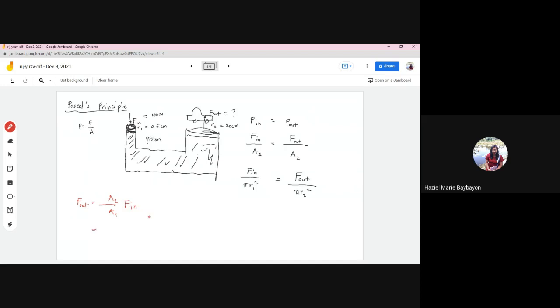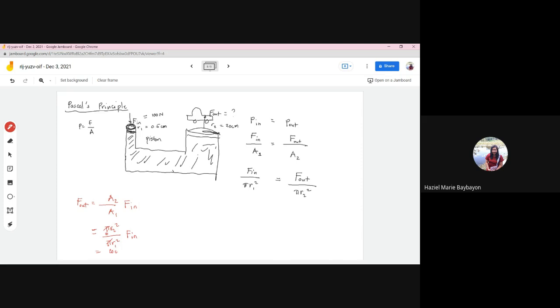So we have pi r sub 2 squared over pi r sub 1 squared multiplied by the input force. We can cancel out pi, and we are left with r sub 2 squared over r sub 1 squared. Your r sub 2 is 20 centimeters.